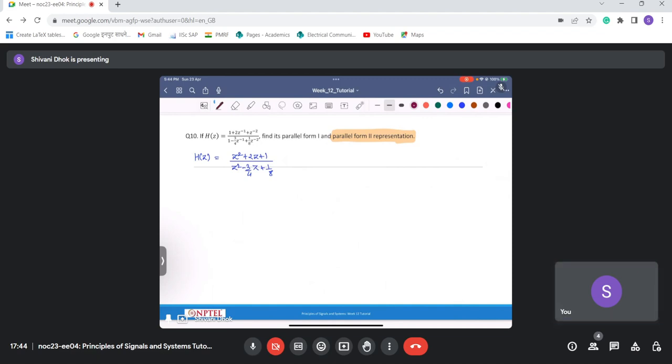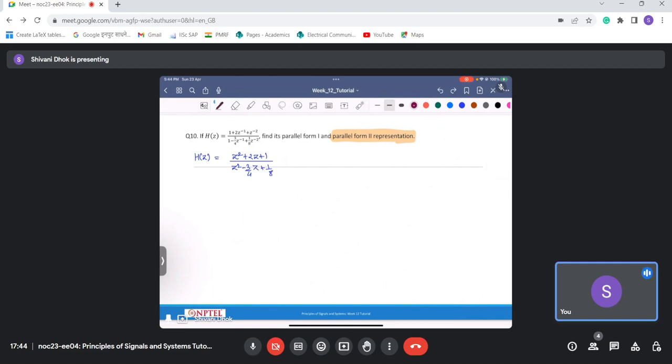But if you look at parallel form 2, ultimately the final expression is again in terms of z inverse only, right? Yes, but if you look, it was something like this, 8z. This I can't realize. This is non-causal, so I shouldn't represent it in that form.